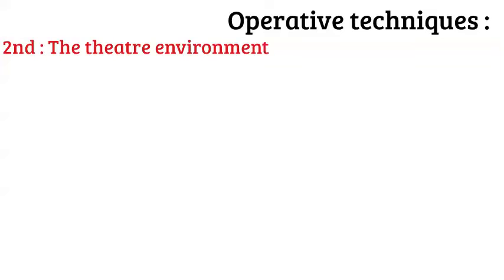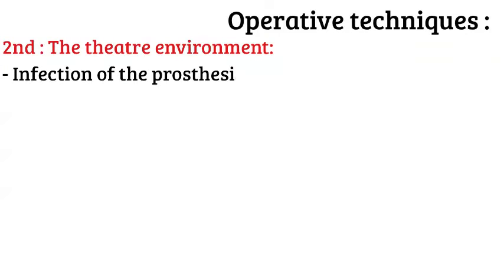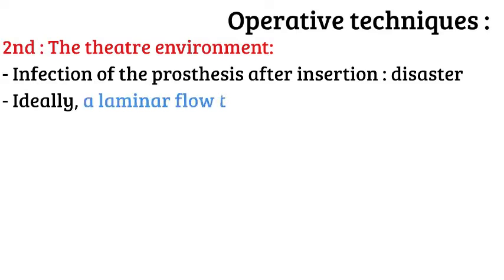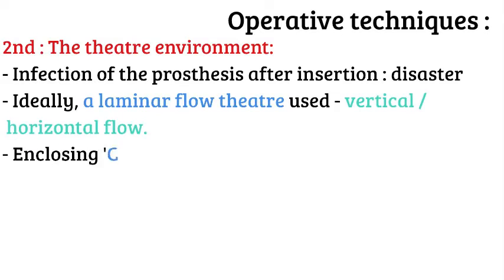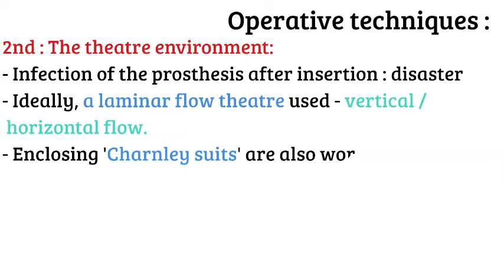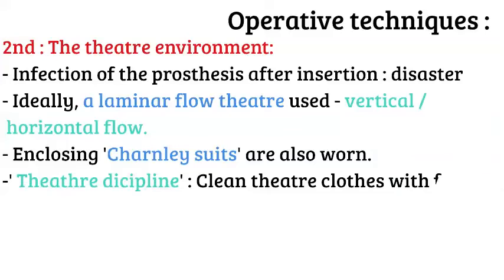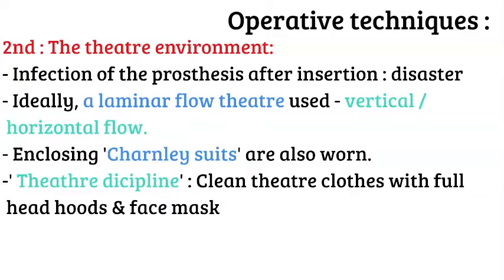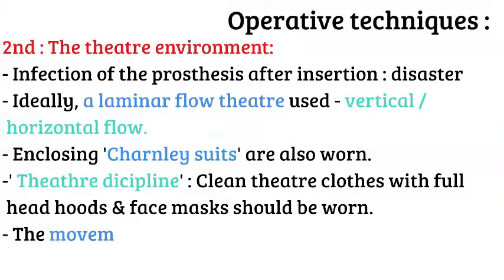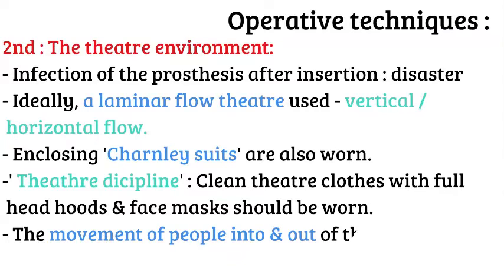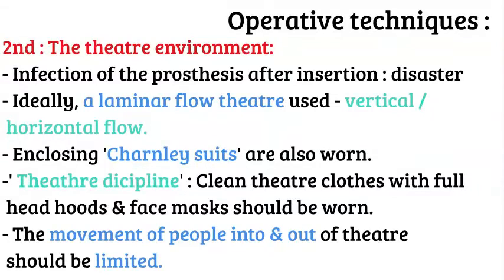Second, regarding the theatre environment. Infection of the prosthesis after insertion is a disaster, and all measures to prevent this disaster should be taken. Ideally, a laminar flow theatre should be used if available, in vertical or horizontal flow.